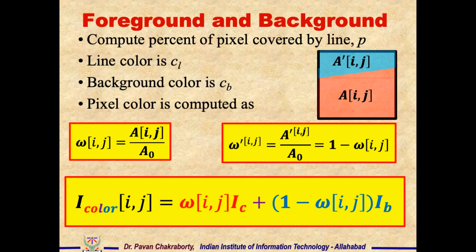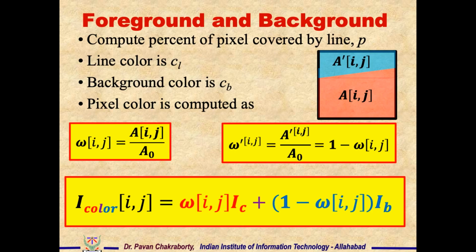And therefore the intensity color could be a mix of the two colors, as shown here, where the red color IR is weighted by a quantity omega ij, while the background color blue IB is weighted by 1 minus omega ij.